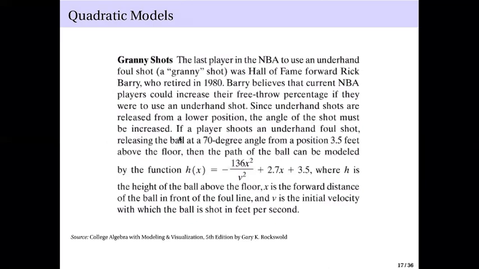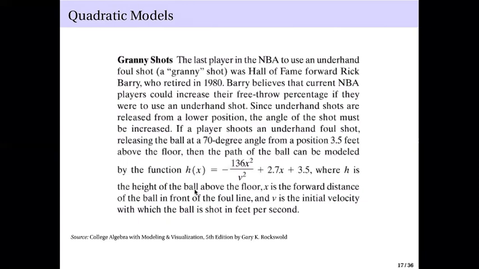Now, if a player shoots an underhand foul shot, releasing the ball at a 70-degree angle from the position, 3.5 feet above the floor, then the path of the ball can be modeled by this function here. So you have your h of x equals negative 136x squared over v squared plus 2.7x plus 3.5.